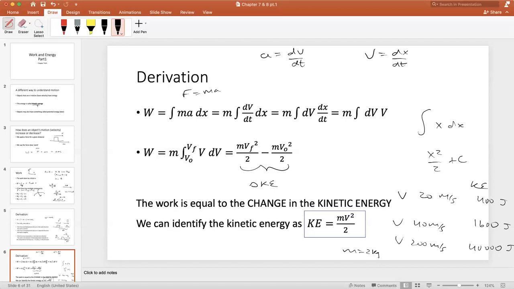If your speed doubles, your kinetic energy quadruples. The energy the object has gets greater and greater. So the energy that a baseball has traveling at 20 meters per second is only a quarter of the energy it has traveling at 40 meters per second. Keep that in mind when you're driving your car around.